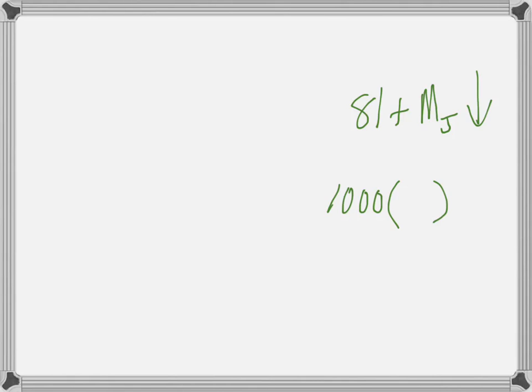Okay. Well, the downward force or mass of the whole thing would be 81 plus the mass of the jacket. We're going to have m jacket. So that would be your downwards force. Okay, what would be your upwards force? Well, it would be the density of water, 1,000, times the total volume.